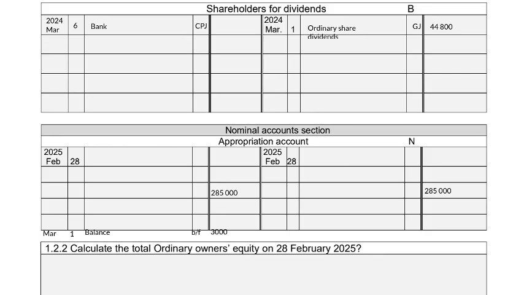And we are paying 44,800. Now both sides, the debit and the credit side, is square.